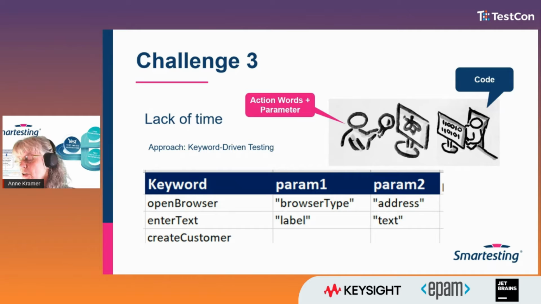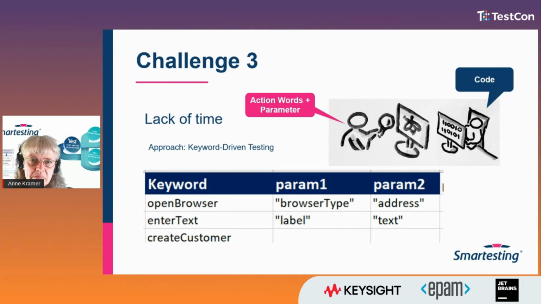And the approach in the past was keyword-driven testing. Keyword-driven testing means that instead of talking about real functions and code and looking at test scripts and trying to understand what the test script does, we have the same people that speak business workflows and business rules, and they specify the test scripts, which will then be automated using action words and parameters.